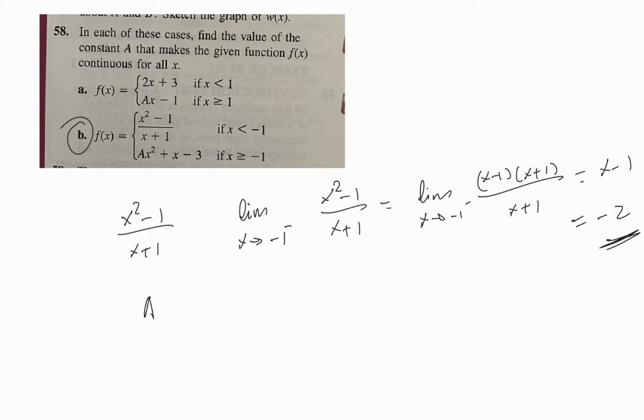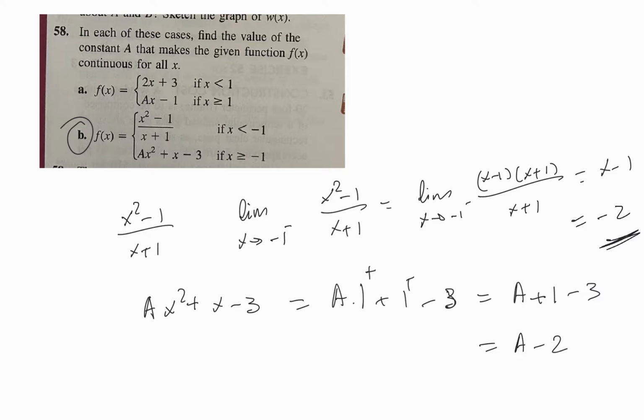So I need that f of x, ax squared plus x minus 3, when it approaches the number 1, will be a times 1 positive, plus 1 positive, minus 3. So it will be a plus 1 minus 3, which will be a minus 2.